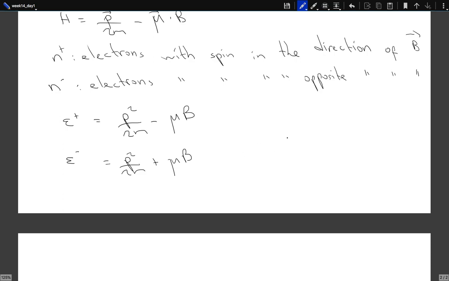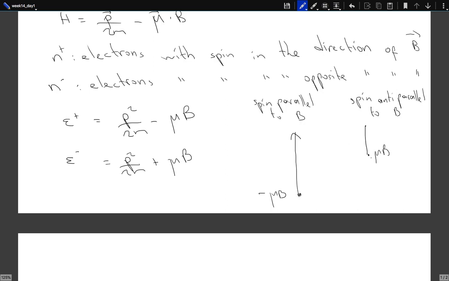So the reason is this one: for spin parallel to B, these states can have energy starting from minus μB to infinity. Spin anti-parallel to B, these states have energies starting from μB and going up to infinity.